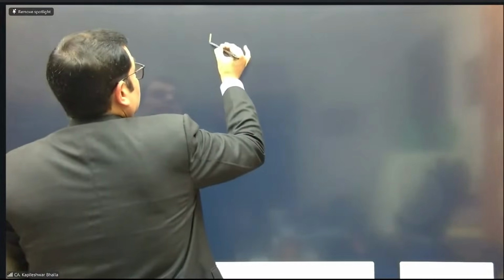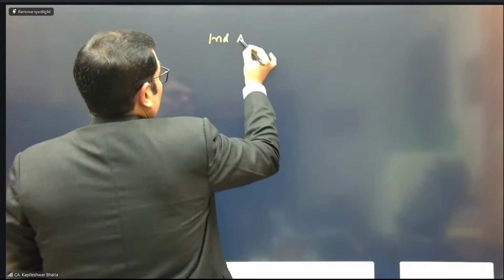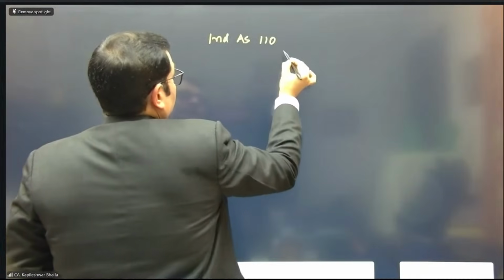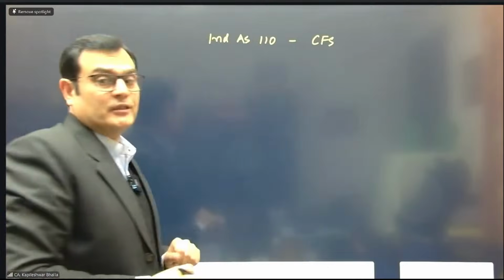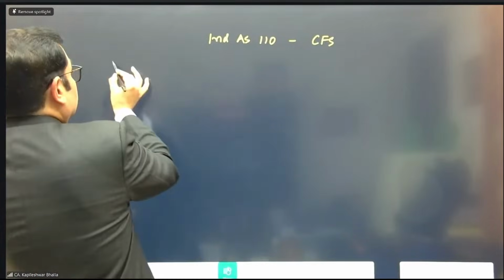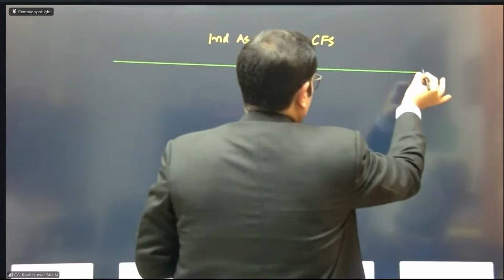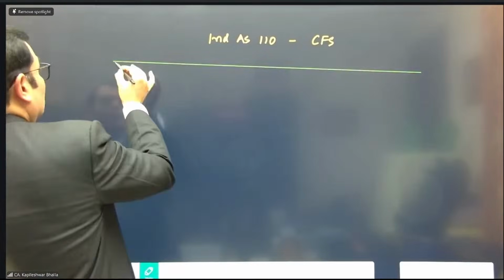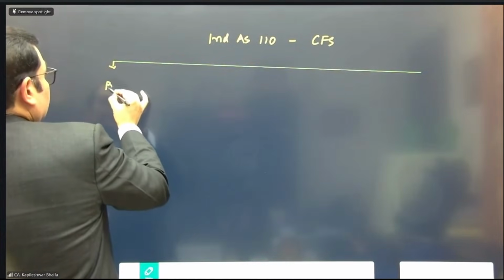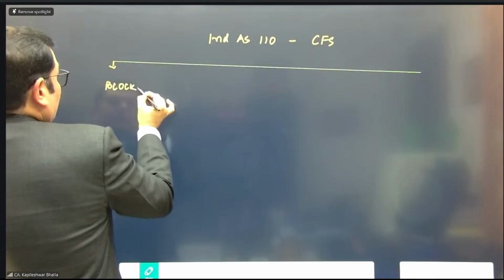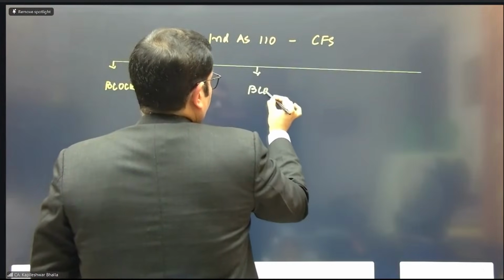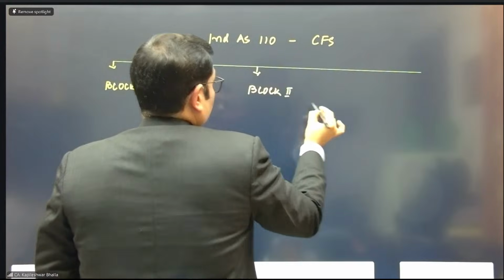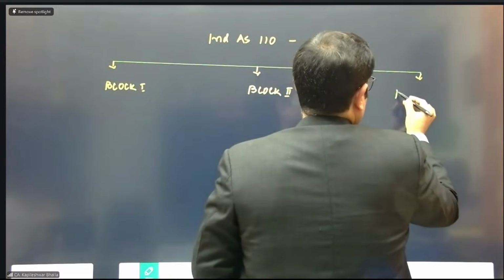When we cover the concept of Ind AS 110, that deals with CFS, Consolidated Financial Statements, I would divide the entire discussion in the standard into a total of 3 blocks. There is block number 1, then block number 2, and then block number 3.